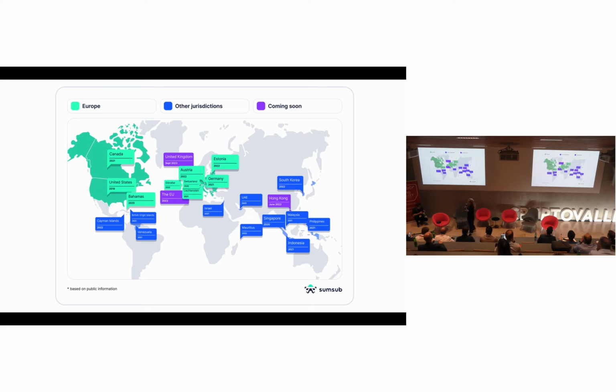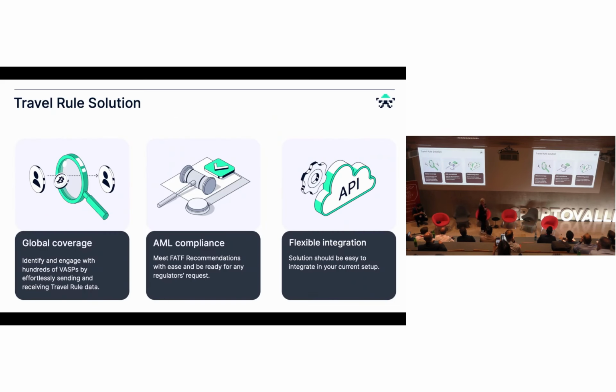So sooner or later, almost every country will be a part of this requirement. When you need to find a travel rule solution, or an onboarding solution, what should you think about first? I would say it's always about global coverage.